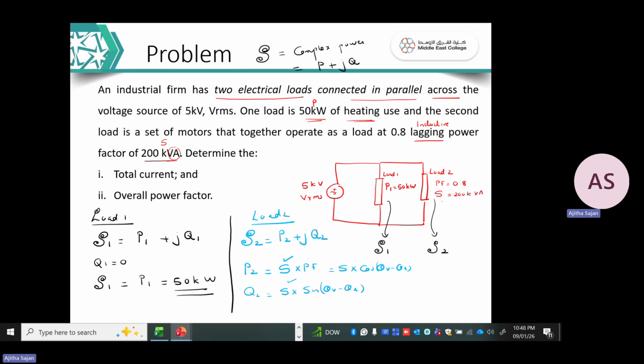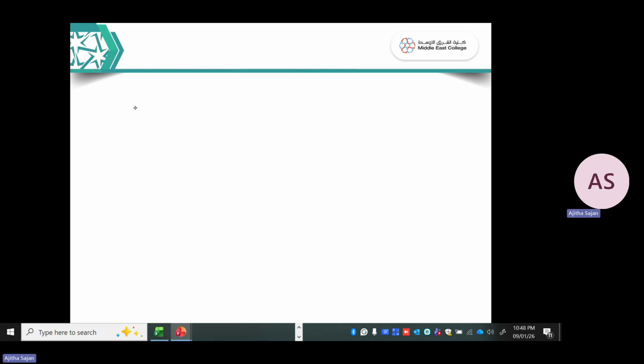So let me start with P2. P2 is equal to S into cos(theta V minus theta I), that is nothing but S into power factor.